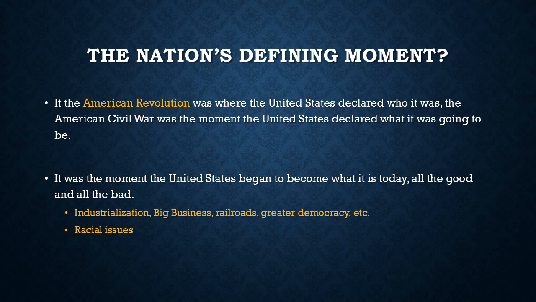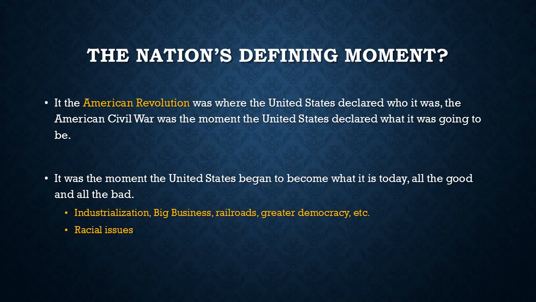All the good and all the bad. The nation you live in today is a direct result of this defining moment, the American Civil War. You live in a heavily industrialized nation with big business, railroads, greater democracy, etc. The nation you live in today was born out of the American Civil War.